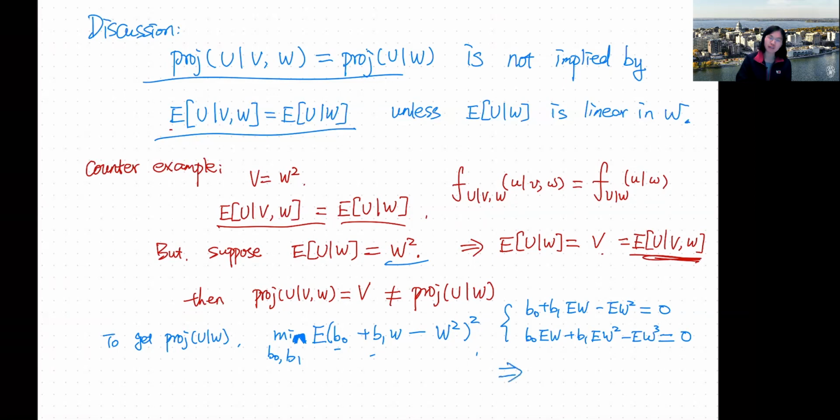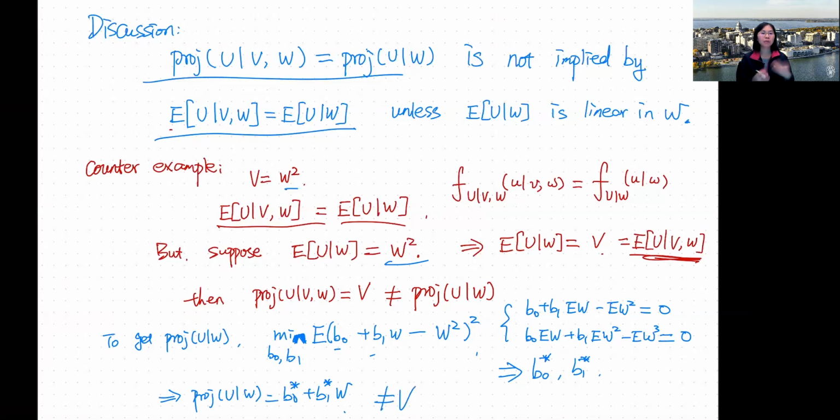After you solve this equation, well, it's actually easier than that. Suppose B0 star and B1 star are the solution, then the projection of U given W is B0 star plus B1 star W. And that cannot be equal to V, because V equals W squared.